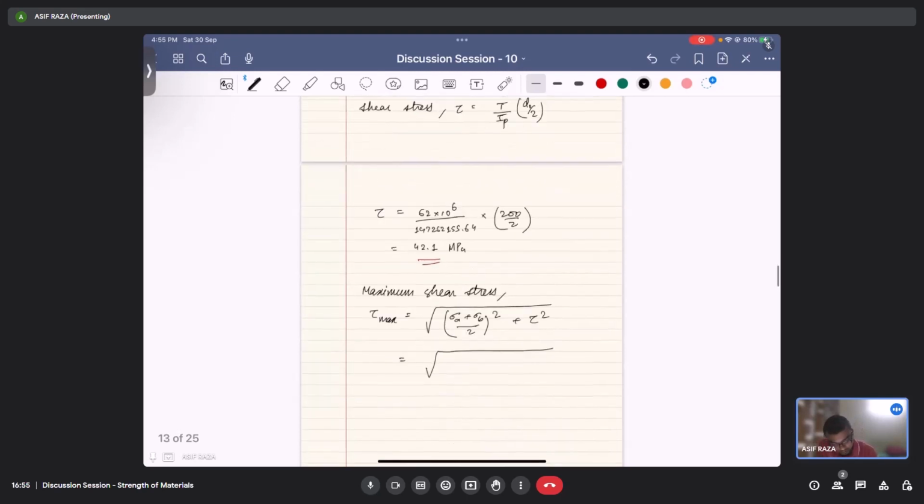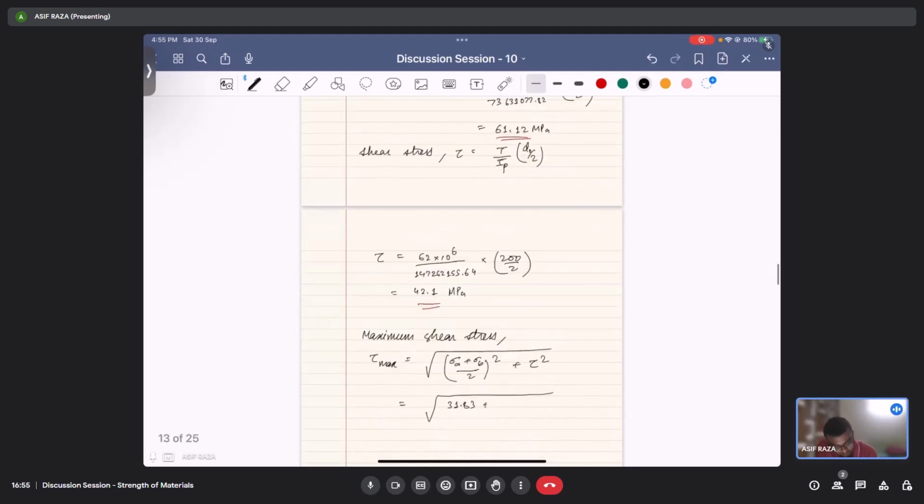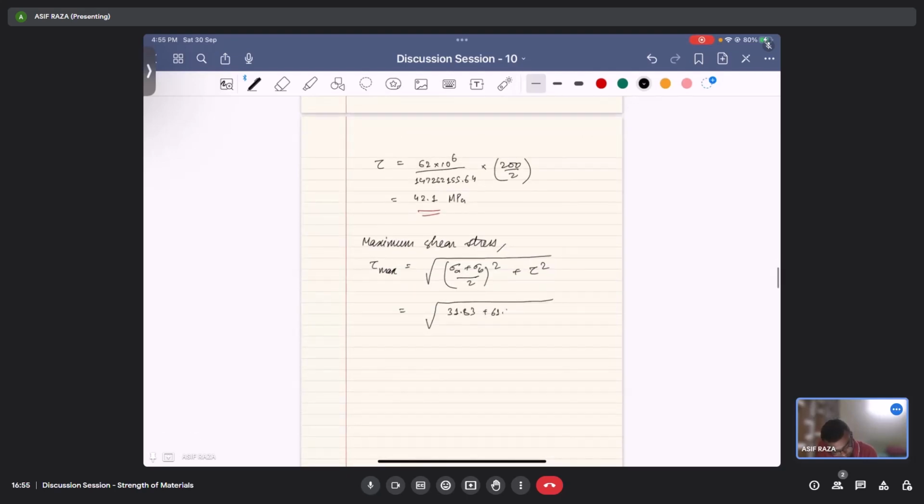Just write it: 31.83 plus 61.12, because the direct stresses and the bending stresses will combine to give the normal stresses, right?